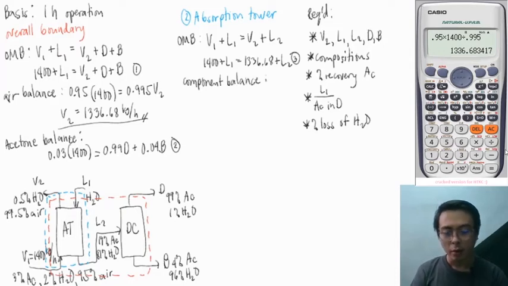We cannot perform the air balance here because we have already done that, and we have already determined the value of V2. So your choice here is to perform either an acetone balance or a water balance. But seeing this, acetone balance would be simpler because it enters at V1 and it exits at L2. So let's perform the acetone balance.